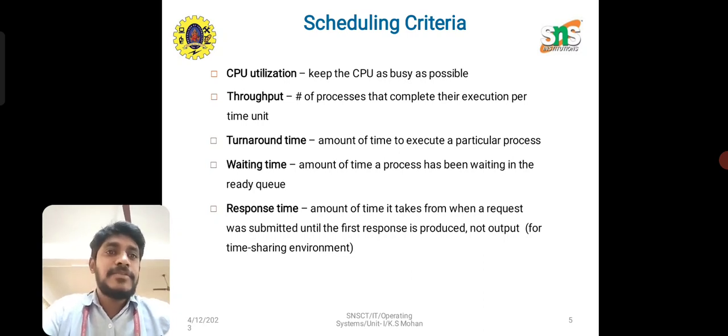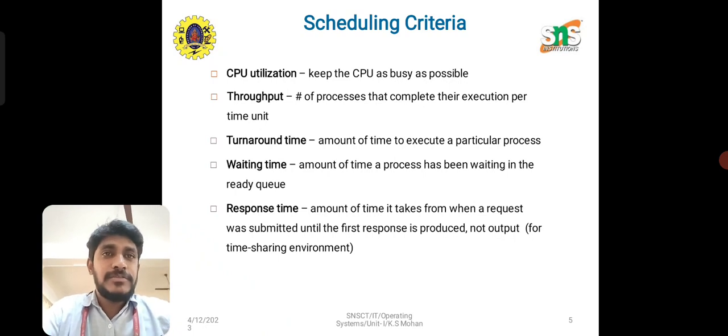Waiting time is the amount of time a process has been waiting in the ready queue. Response time is the amount of time from when a request was submitted until the first response is produced, not output, for a time-sharing environment.